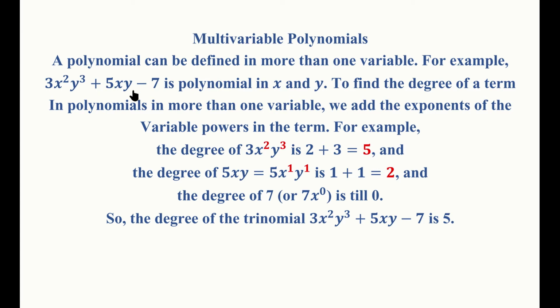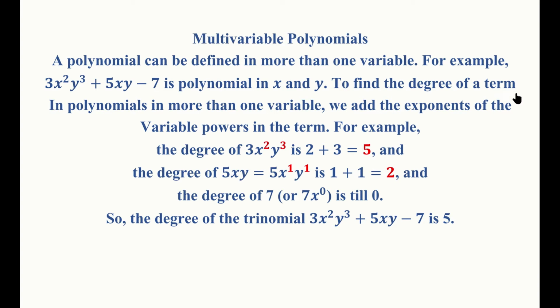And these coefficients, of course, need to be real numbers. And we can see that, for example, this trinomial satisfies that. So this would be a trinomial not just in x, but in x and y. Okay, so this is a multivariable polynomial.